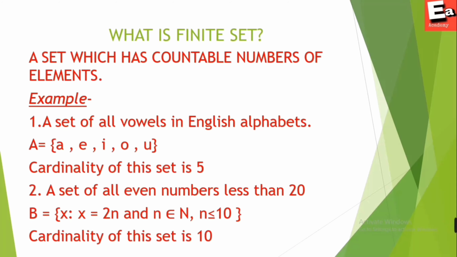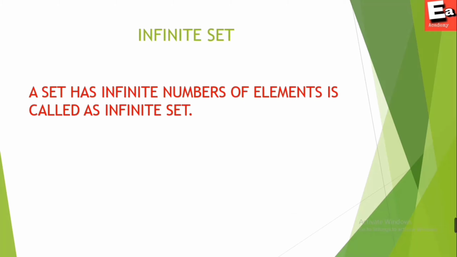So by now we have learned what a finite set is and what the cardinality of a finite set is. Now if I talk about infinite sets, what is an infinite set? Of course, you are very smart. You can directly tell me that an infinite set is a set which has an infinite number of elements, that is, uncountable.